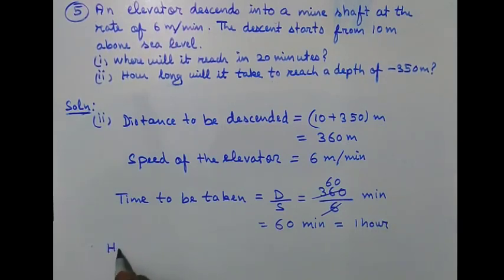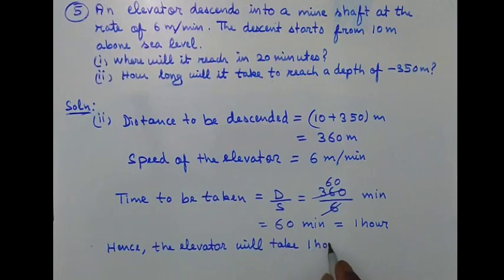So you can say, hence, the elevator will take 1 hour to reach a depth of minus 350 meter, or simply we could have said to reach a depth of 350 meter below the sea level.